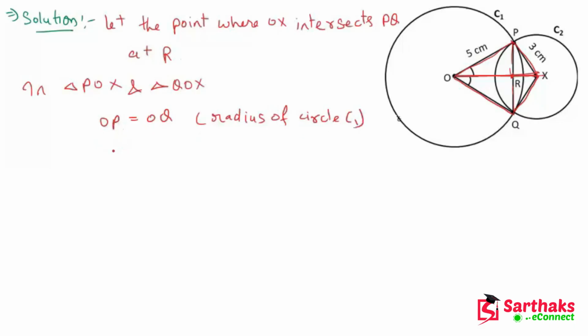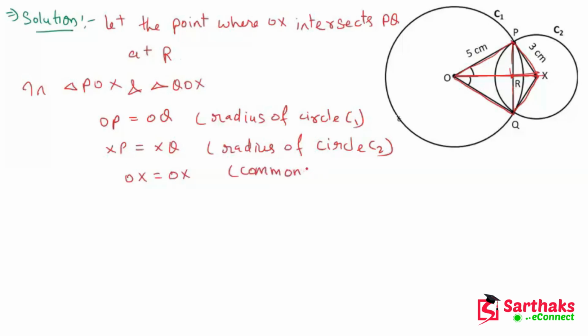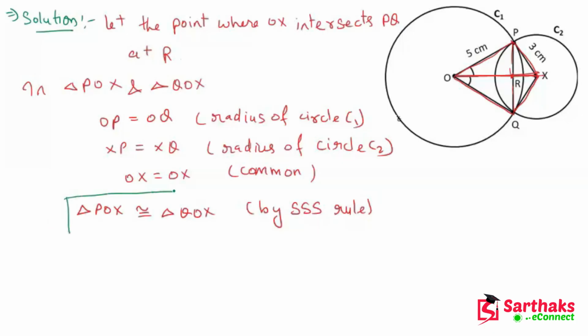And XP is equal to XQ, because these are the radii of circle C2. And OX is equal to OX, so this is common. So we can say that triangle POX is congruent to triangle QOX by SSS rule, meaning side-side-side rule. These two triangles are congruent.